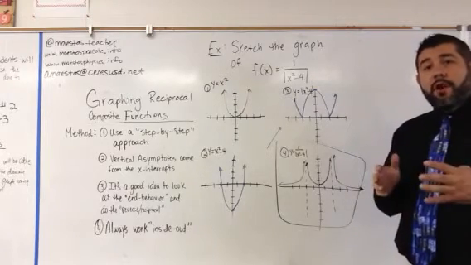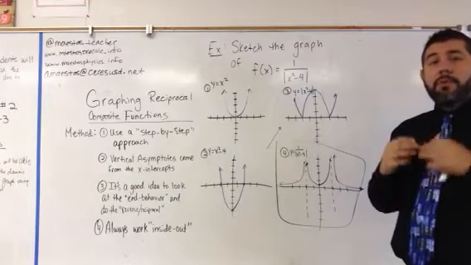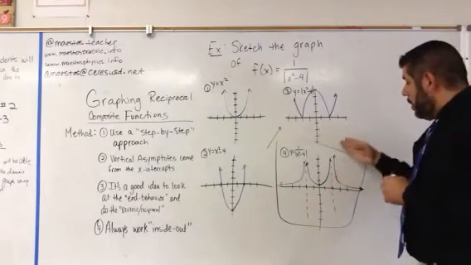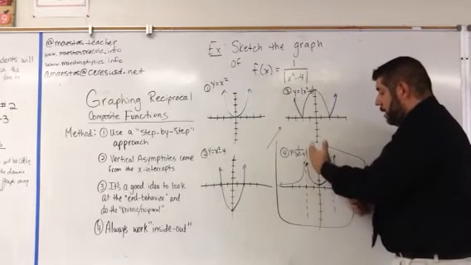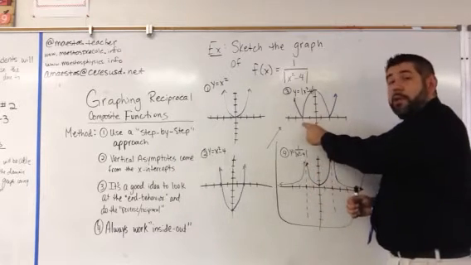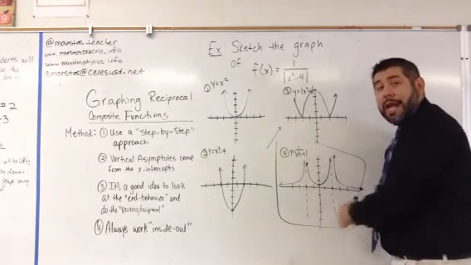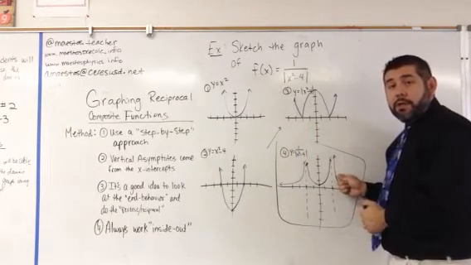Before I leave you off here, what I want you to remember is a couple of rules about reciprocal graphing. The important thing is that when you do the reciprocal part, the x-intercepts of the previous graph are the vertical asymptotes of your final picture.